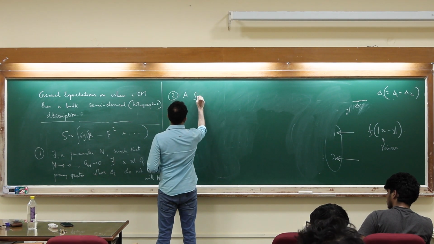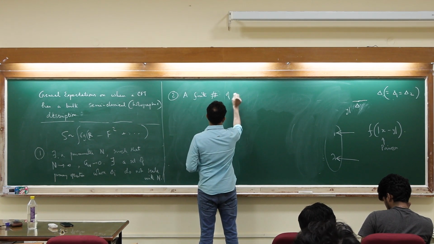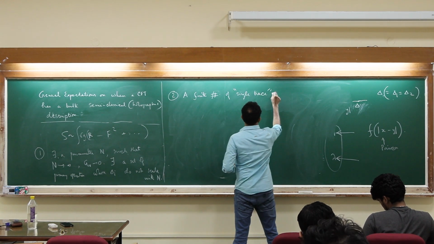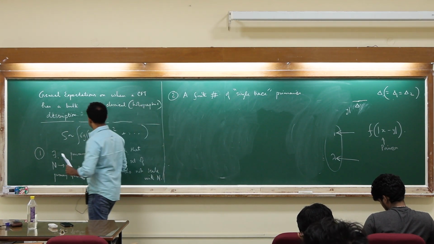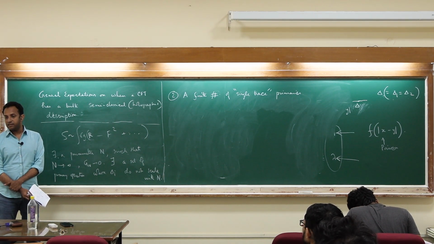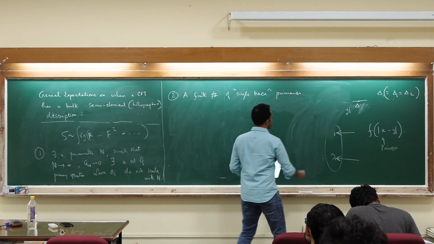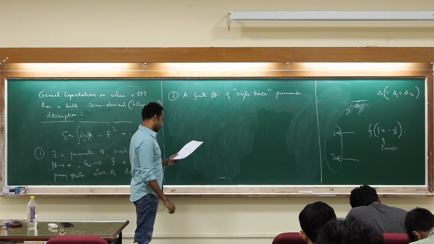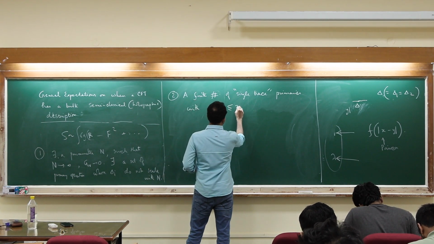A finite number of single trace operators. Single trace is a word I will not define, but these small fluctuations that I talked about on the gravitational side, on the gauge theory side we think of them as single trace operators. Explaining this without saying anything more is a little bit harder, but the statement is: single trace primaries with spin less than or equal to 2.